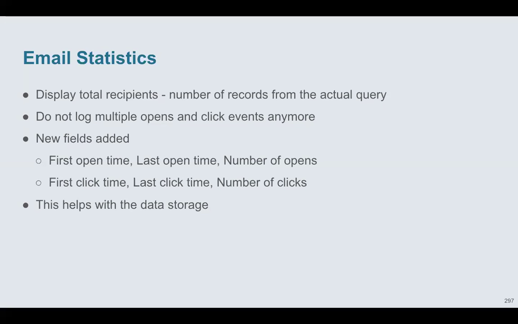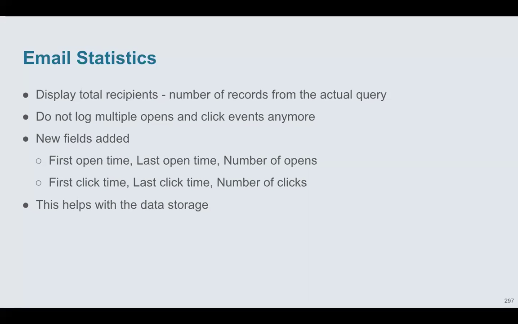It calculates the number of records, but that may not be the actual number that we are sending. It's how many records are in that query, but the actual recipients could be less, because there are a lot of suppressions already in your system. I'm sure you're aware of all of that, but just know that we have total recipients as one more column that you can add into the statistics page.